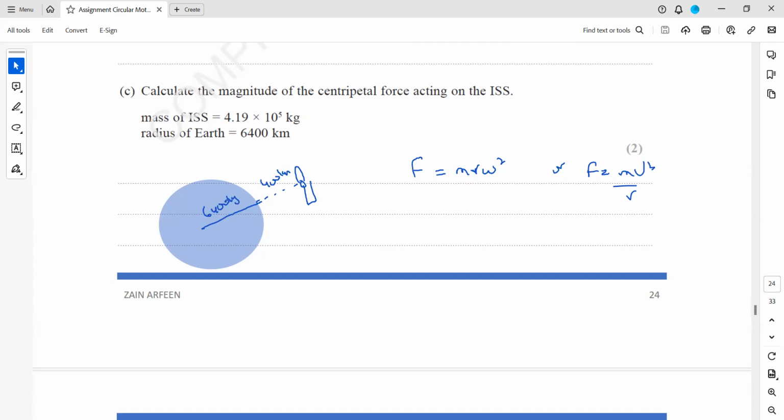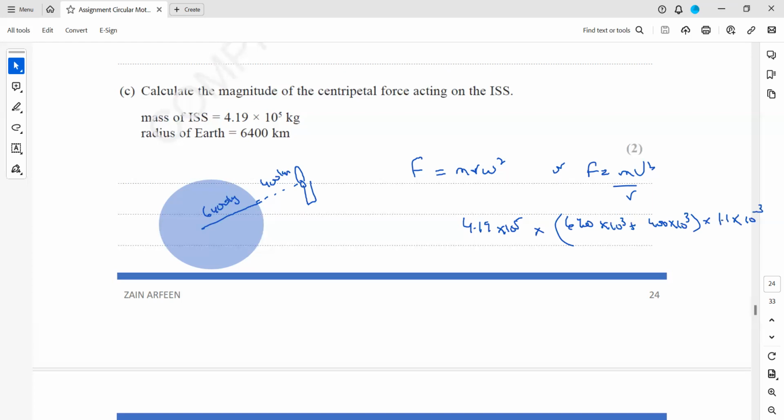So mass of the space station, 4.19 into 10 to the power 5, multiplied by the radius, which will be 6,400 kilometer, meaning 6,400 into 10 power 3, plus 400 into 10 power 3. We will add them, and multiply by the angular speed which we already worked out, 1.1 into 10 power minus 3, squared.